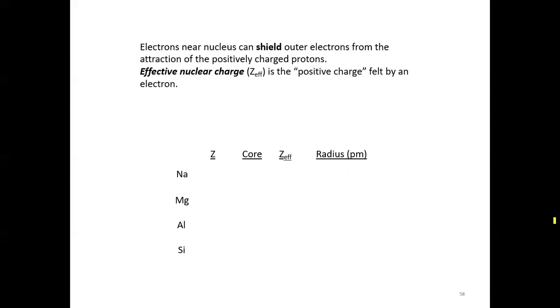What is the actual positive charge that an electron, quote unquote, feels? We're going to call that the effective nuclear charge. Essentially, the effective nuclear charge is the atomic number, in other words, the number of protons or positive charges, minus some kind of a factor. We're going to call this factor the shielding constant.